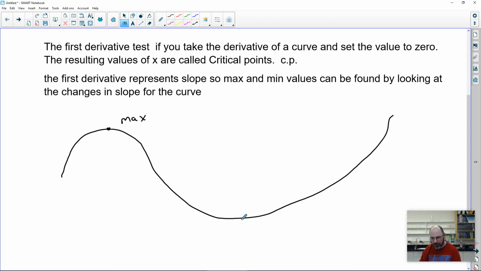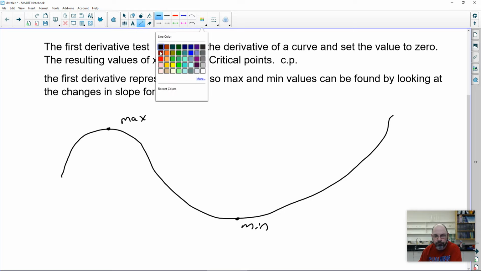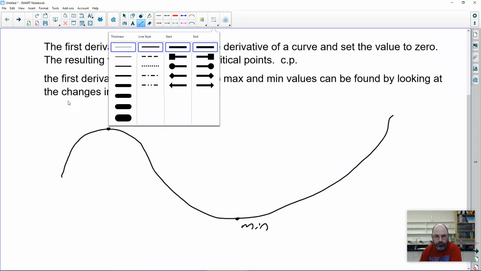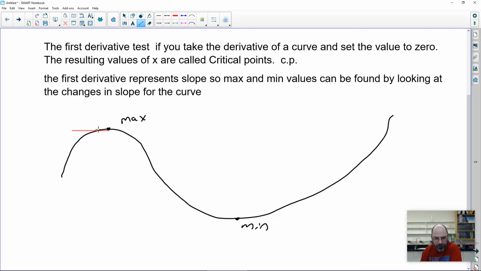This would be down in here, wherever it's going to be a min value. If we take the slope right at the max point, it's 0. That's a critical point because of that. And this is another critical point, the min here.